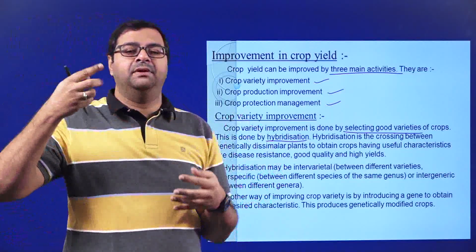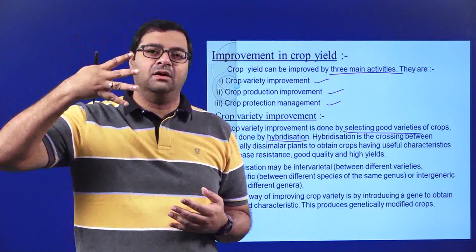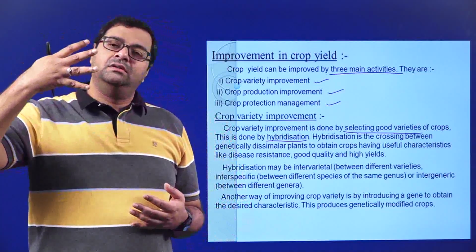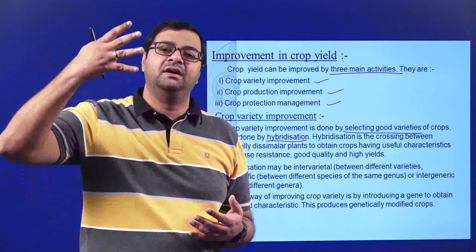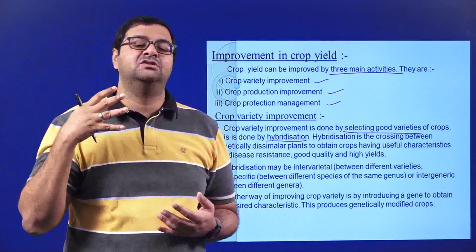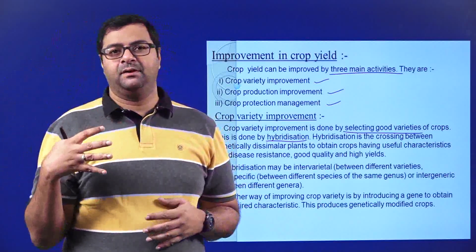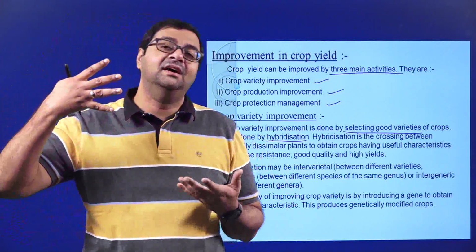So for example, say this is a high yielding crop. The scientist will not have a problem with this because it is giving high production, but this crop has a defect: it is not disease resistant. It can be attacked by many pests which destroy the yield.